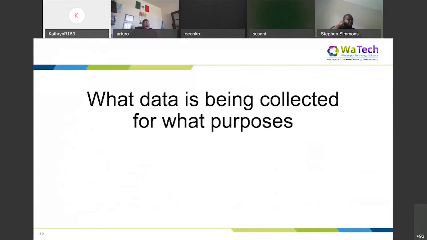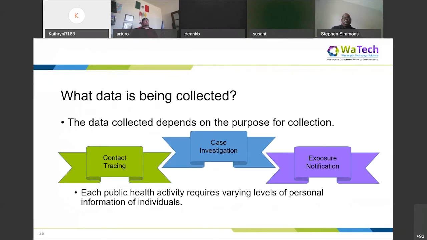So what data is being collected for which purpose? This really depends on the purpose for the collection, whether you're doing contact tracing, case investigation, or exposure notification.